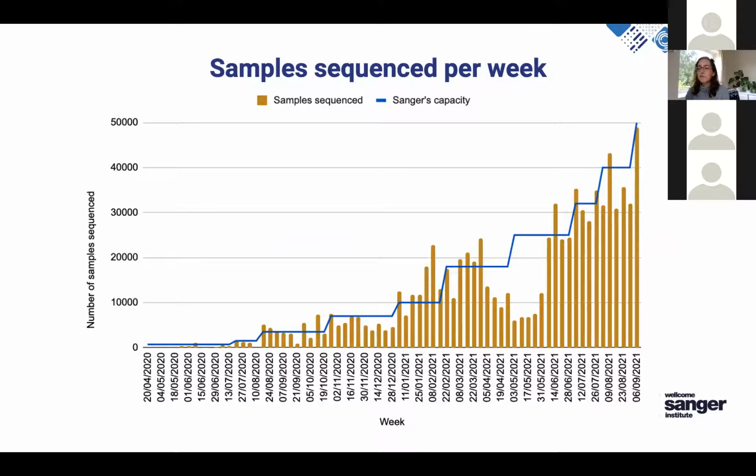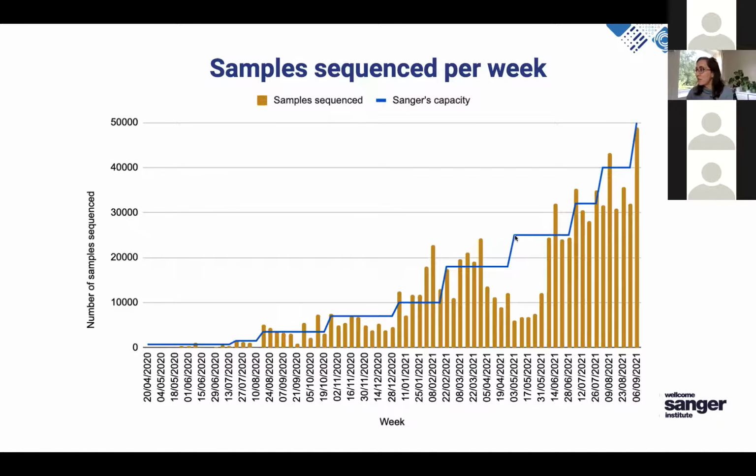So, samples sequenced per week. This is a little more detailed information on the journey; it's essentially the same plot, the same information, but in a different view. You can see that it's very variable. It's not a steady influx of samples because it varies according to the pandemic at a particular time. For example, around here in May, there weren't that many positive cases.